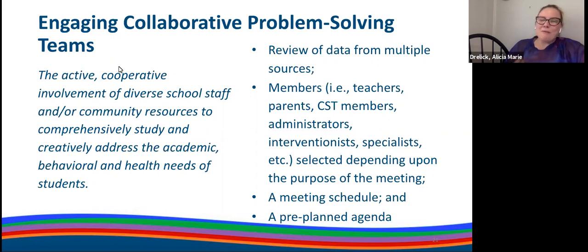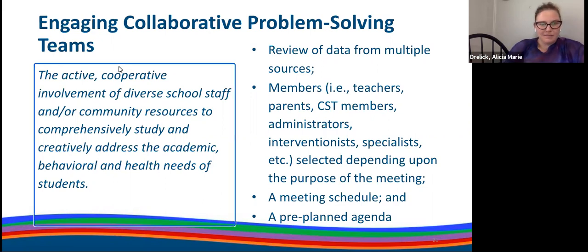So then we don't just have one classroom teacher thinking through a learning barrier. We have a collective group of colleagues coming from multiple disciplines who are working to help meet the student's needs. So again, this is a process that you can engage with, whether that's through your small learning communities or your professional learning groups, but focusing on problem solving and supporting students is really a key aspect of multi-tiered support systems.